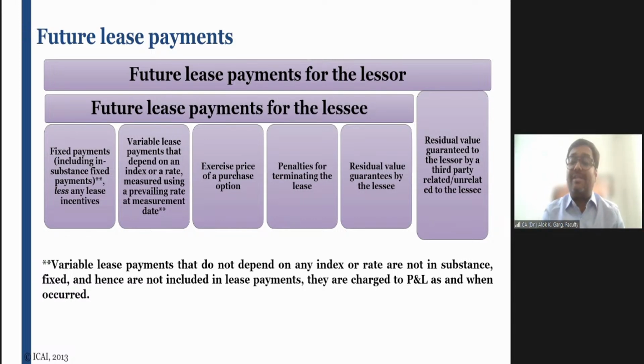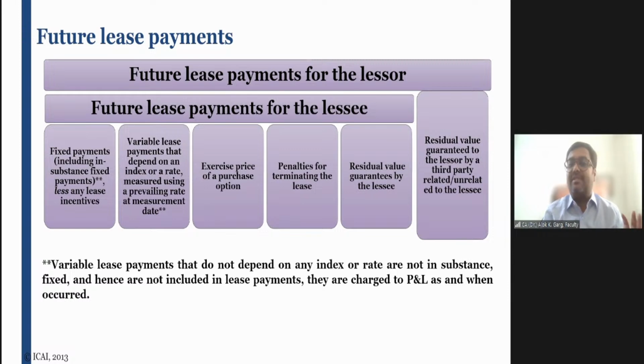So we are going to discuss one of the legs of the lease contract where there are two parties, lessor and lessee. We will discuss the accounting in the books of the lessee and the accounting in the books of the lessor. Then there is a transfer of the identified asset, a transfer of the right to control the use. We have discussed that. Then the asset has to be transferred for a period of time, which is the lease term, and it has to be on the basis of a consideration, which is the future lease payment.